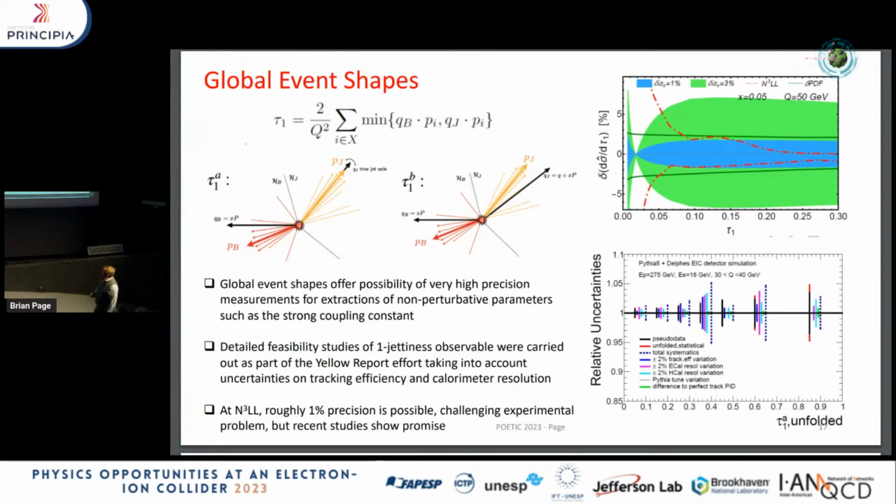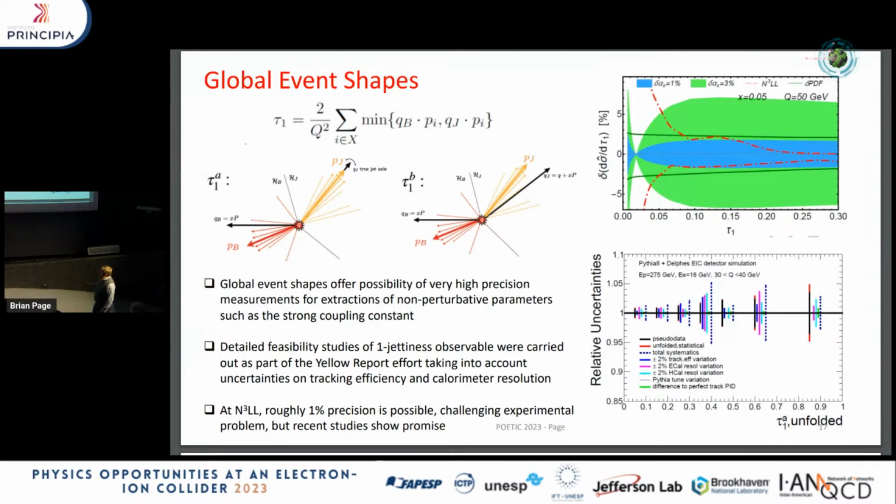And so I mentioned these global event shapes, which again are maybe a bit expanded from what people usually consider a jet. But you can use your jet to define some of the axes in the event against which you measure all the particles of the event. I think this is just a natural evolution of jet observables into, instead of looking at a single area of the detector, looking over the full range.